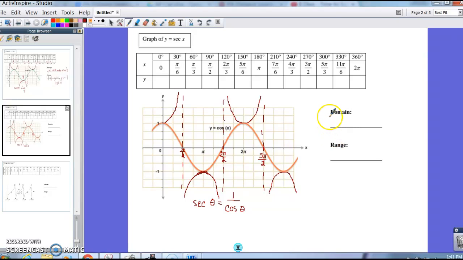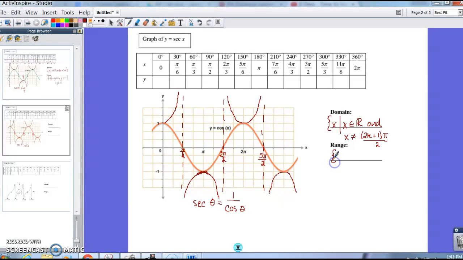And so the way that we write that is that for all x, x can be anything, and x cannot equal, this time we'll write it as 2k plus 1 times pi over 2. 2k plus 1 ensures that your number is odd. So 2k plus 1 is always going to give you an odd number, regardless of whether k is even or odd. Okay, so that implies odd multiples of pi over 2.